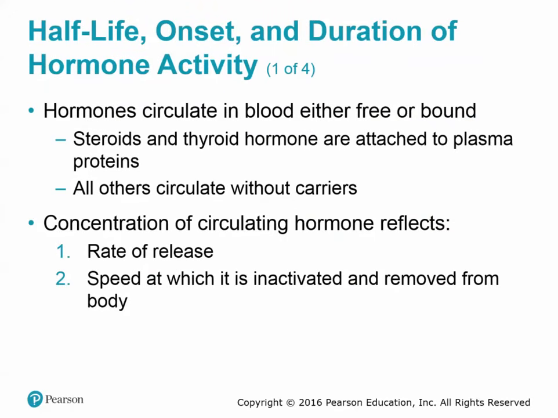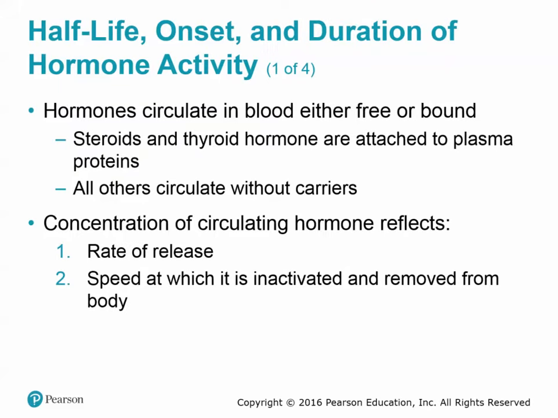Like we said before, hormones, these long-distance chemical messengers, are going to circulate in the bloodstream, usually either free or bound. Bound just means that they're bound to some type of plasma protein in the blood.